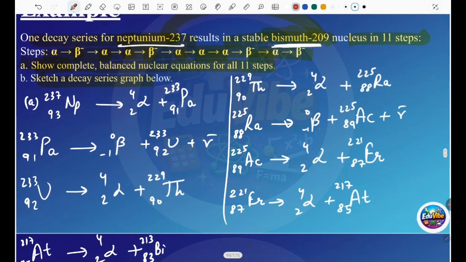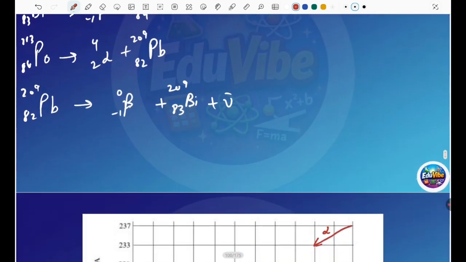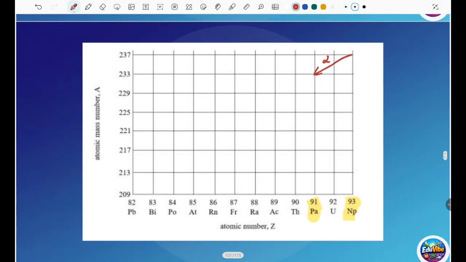Next we have a beta negative. So it goes from 233 to 233. So it stays on 233, but they'll go from 91 to 92. So now they go backward. So from 91 they go to 92. So this is 91 and this is 92.